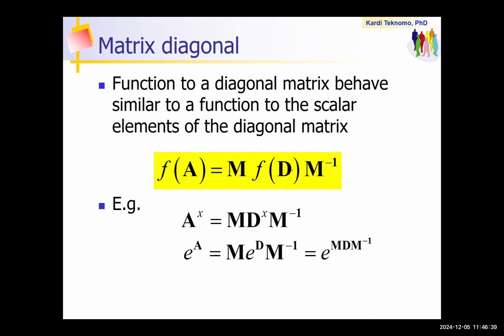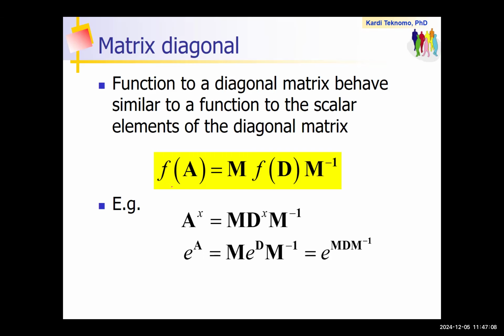Because when you have a diagonal matrix, it will behave like a scalar for any function, including derivation. How do you get the derivation of A, the second derivation of A? A is a matrix. For any function, the way to do it is to find the modal matrix, create the diagonal matrix, and then apply that function.